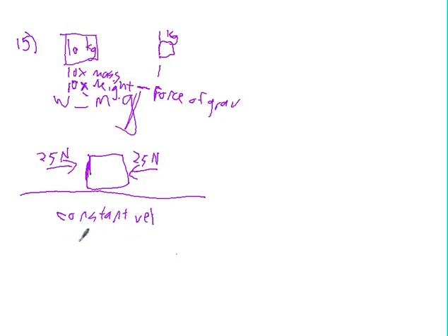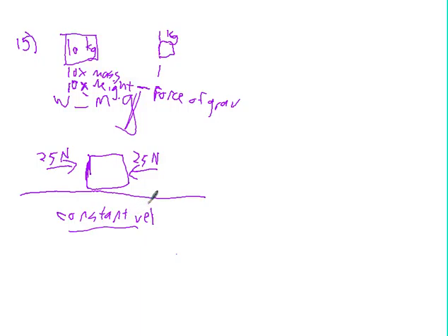So in order to keep it moving at a constant velocity, if it's constant velocity, what does that say about its acceleration, Ross? Acceleration, not quite. It's zero. If the velocity is constant, what is acceleration? It's change in velocity. If the velocity is constant, is there change in velocity?